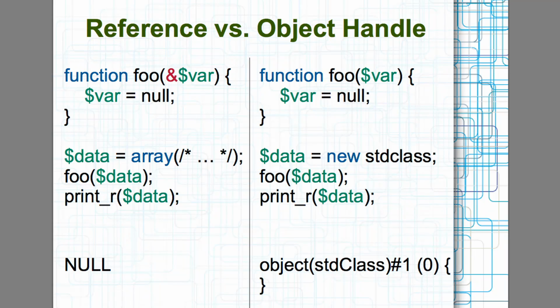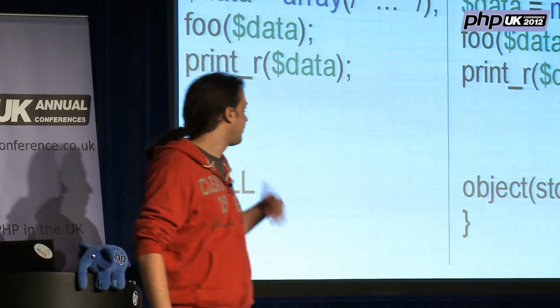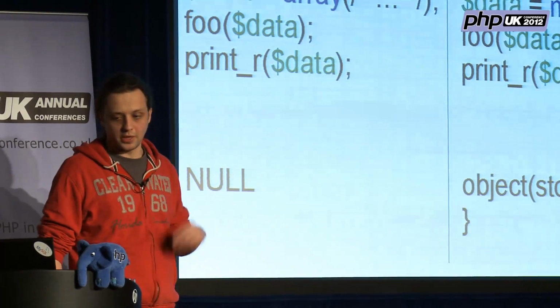When I do the same thing with an object, passing a new standard class as a parameter, changing it inside doesn't have an effect on the outside, since the variable is different, even though the object itself is the same.